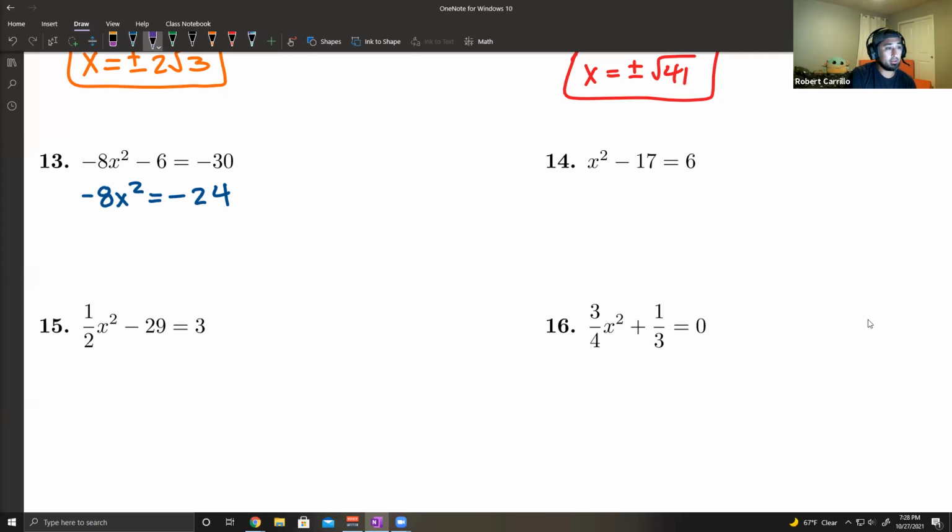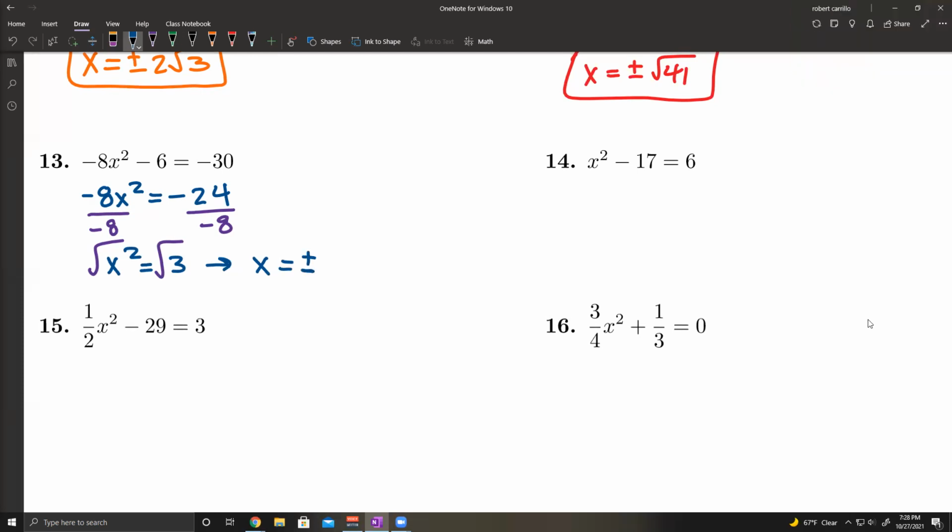And then divide by negative 8, and x squared is equal to 3. Square root both sides. Can you break down the square root of 3? No. There's our answer.